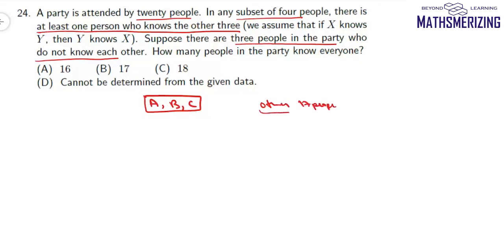Now out of these other 17 people, let us assume that there are 2 people D and E who do not know each other.